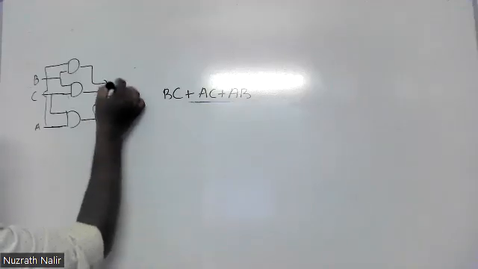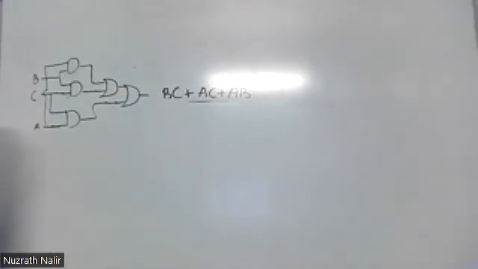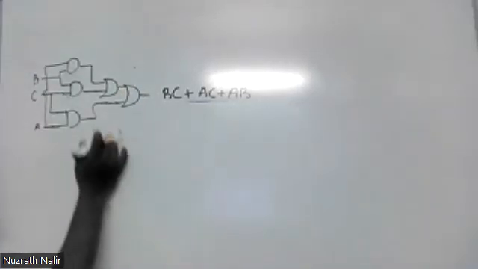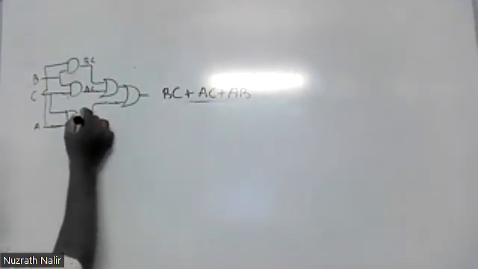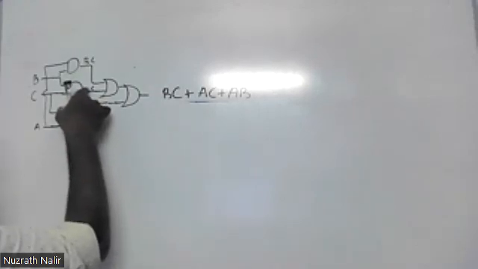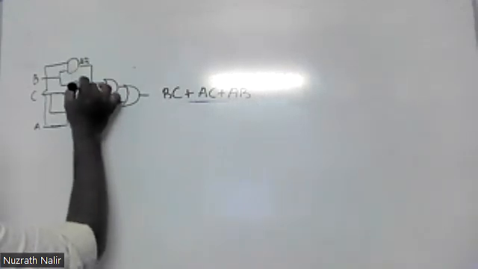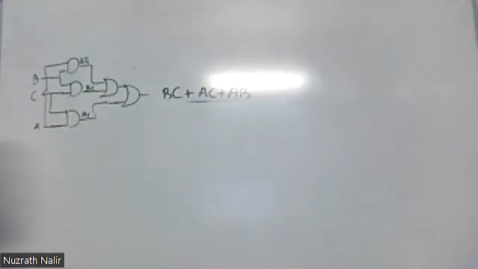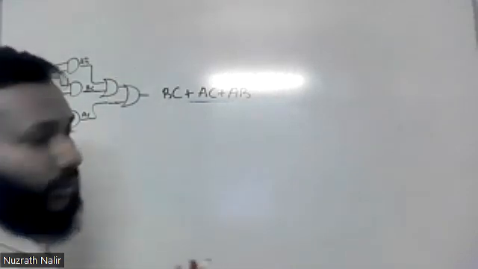So this is BC, this is BA, AB or BA, this is BC, and this is AC. AB, AC, BC. So now let's see how to draw this one.